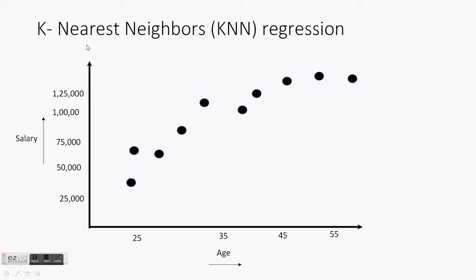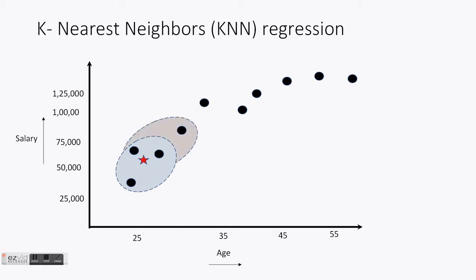So for example, in this old example of age and salary, let us say we choose a nearest neighbor number of 3. Then it will take the average distance between these 3 neighbors and come up with a predicted point here.